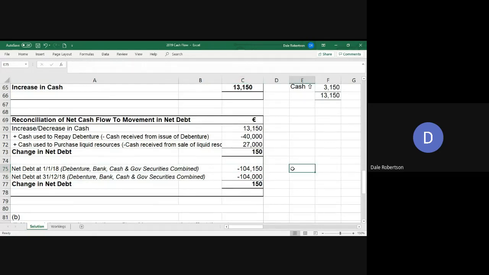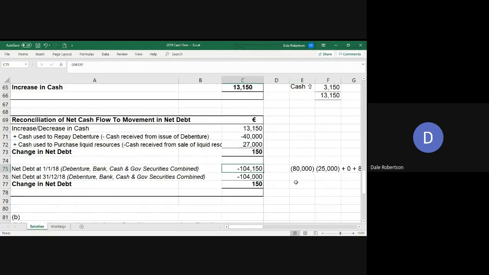That's minus 80, and you're going to have a minus 25, which is bank, and you're going to have a plus 0, which is government securities, and you're going to have a plus 850, which is cash. And that's how you get this number here.